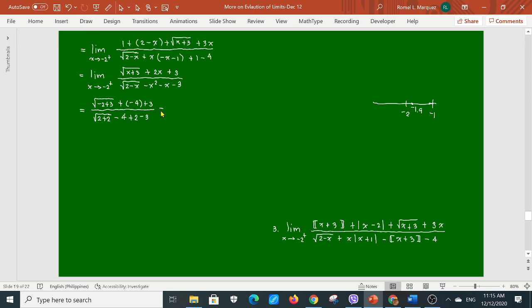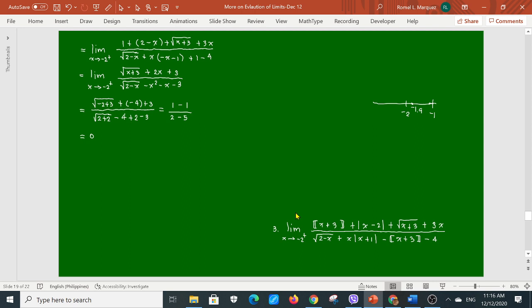Anyone who can simplify this? 1 plus negative 1 all over, this is 2, this is negative 4, negative 1, negative 5. Now, is that right, guys? And that is equal to, what is this equal to? 0, right? Am I correct, guys?